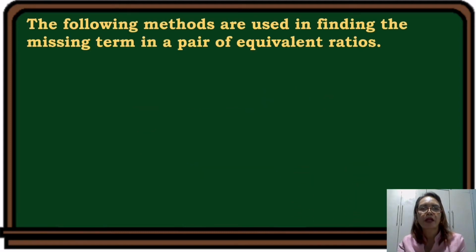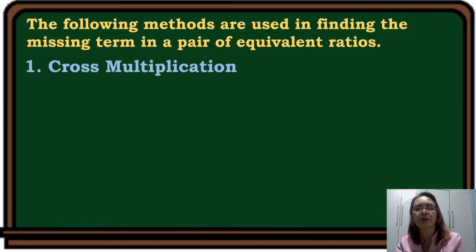So, the following methods are used in finding the missing term in a pair of equivalent ratios. First method, we can use the cross multiplication, which I have already explained earlier in our earlier slides. So, we have 2 fractions, 15/3 and 5/1. Okay, so we'll just cross multiply 15 and 1.